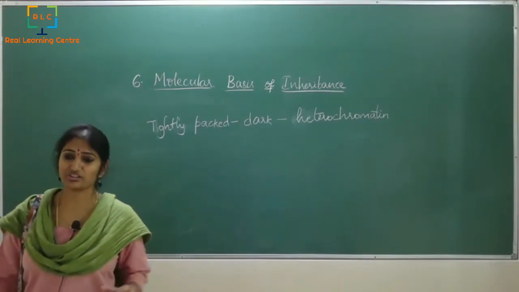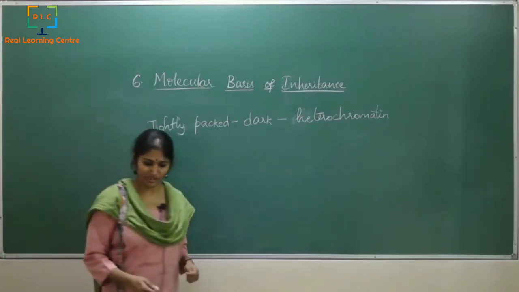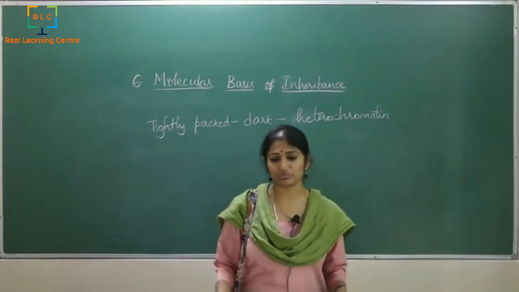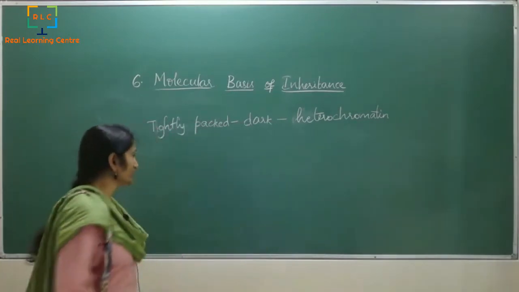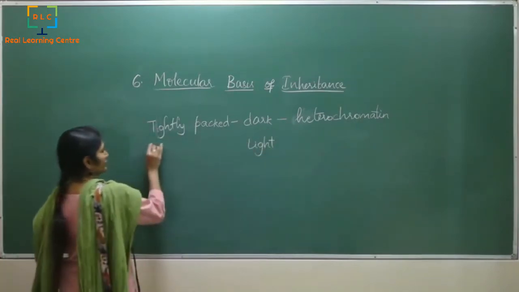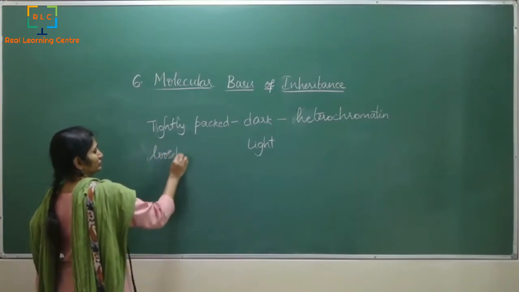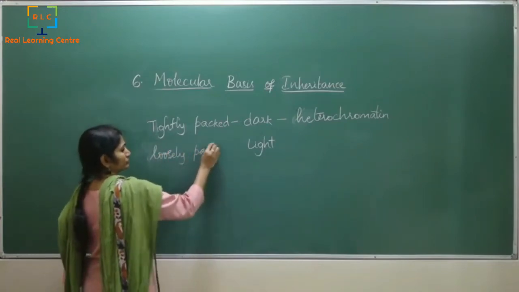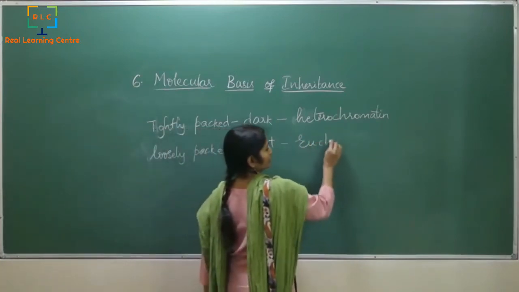However, certain regions which are actively involved in making proteins, making RNA, okay, trying to control something, and all of them, they stain light. Okay, they stain light, and we call them the euchromatin.